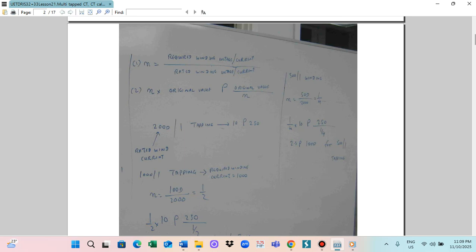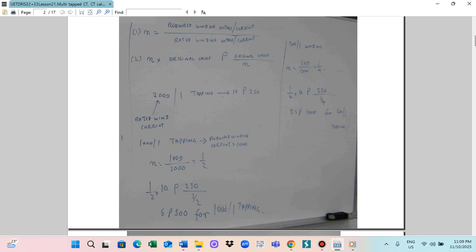We calculate the N. Required winding voltage is now 1000. The rated winding voltage is 2000, because 10PS 250 is classified for the 2000/1 winding.